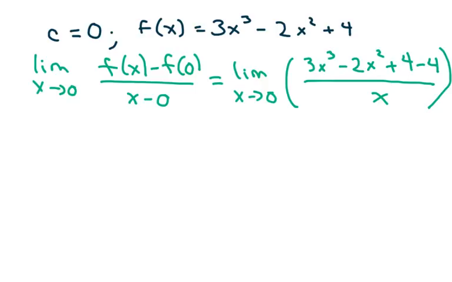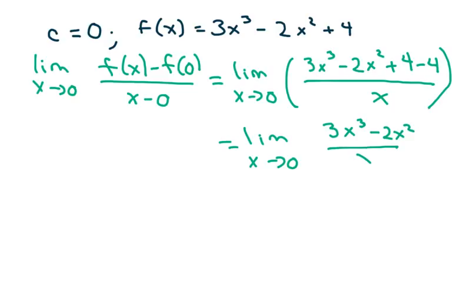Okay, this is going to equal the limit as x approaches 0 of 3x cubed minus 2x squared over x. I'll just factor out an x here because I want to get rid of this x here.